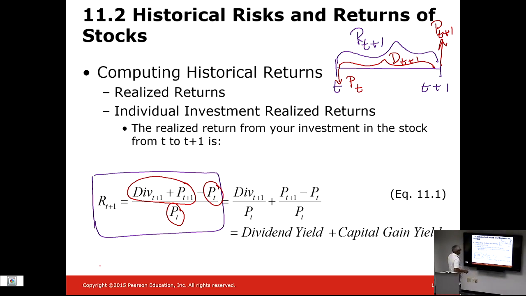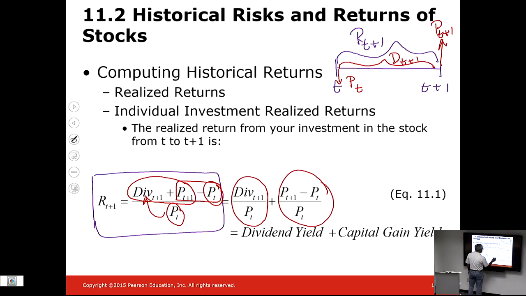Okay, so now if I take this equation and break it down into its component parts, I have dividends divided by P0 plus P1 minus P0 divided by P0.